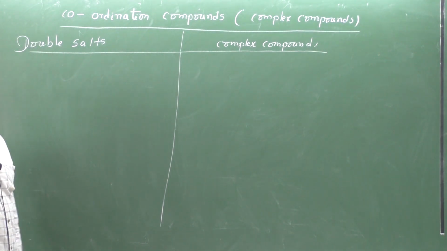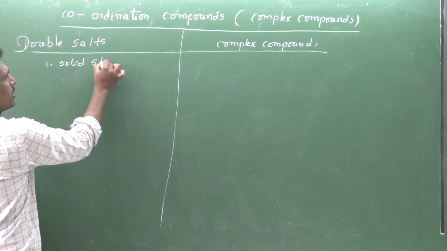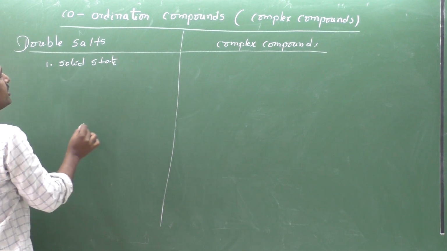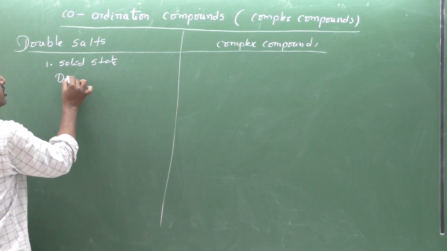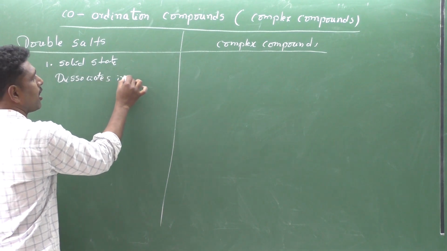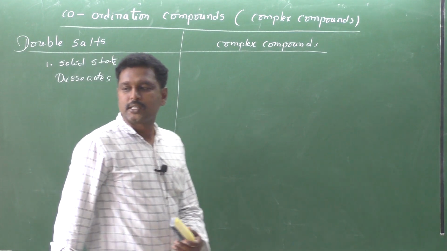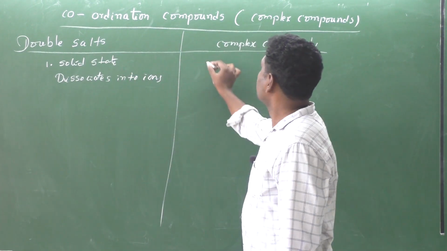So first one is double salts. Double salts exist in solid state only. They dissociate into ions, both in solid and in solution state.